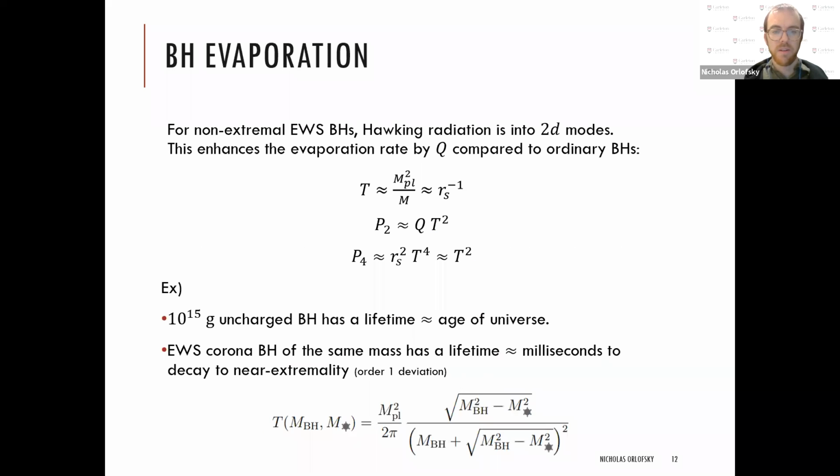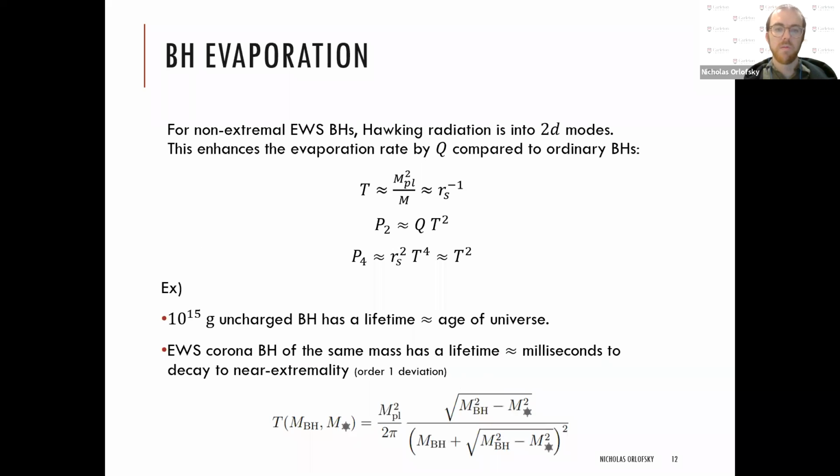So finally, we can get to the answer to this question. If you have a non-extremal black hole, which has this electroweak-symmetric corona around it, then the Hawking radiation is going into these 2D modes. And this enhances the evaporation rate by quite a bit compared to the normal four-dimensional Hawking radiation.